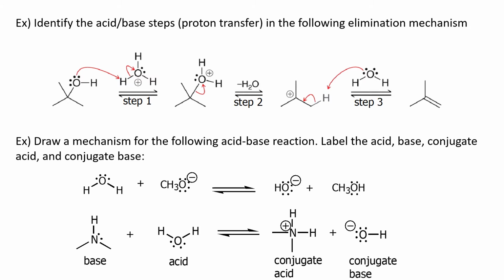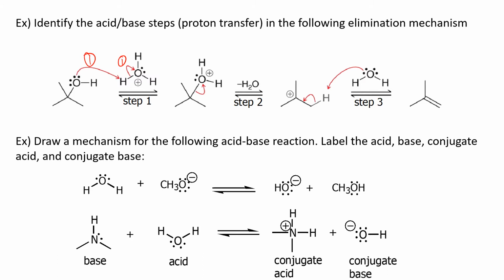In the first one we see two sets of arrows in which the tail of the first arrow starts on a lone pair of electrons and the head goes to a hydrogen. And in the second, it looks like the tail of the arrow starts in a bond and it ends on an atom.